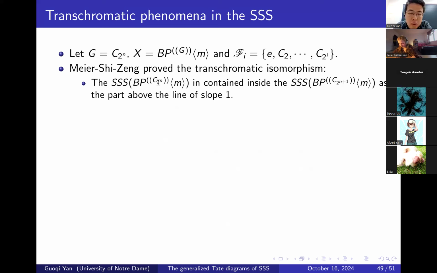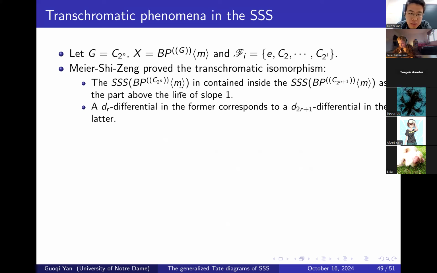When the group on the left-hand side is C2n, the group on the right-hand side is C2n plus 1, so the height is multiplied by 2. They prove this for the connective version of the theories. There is also a correspondence between the differentials: a dr differential is stretched to a d2r plus 1 differential.